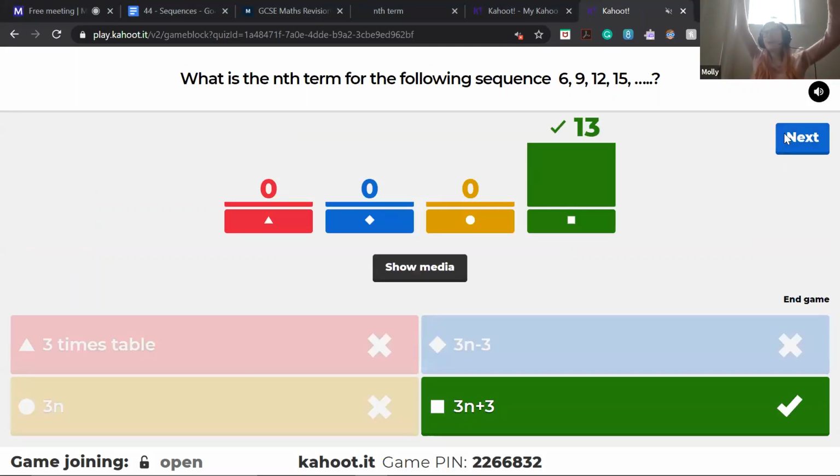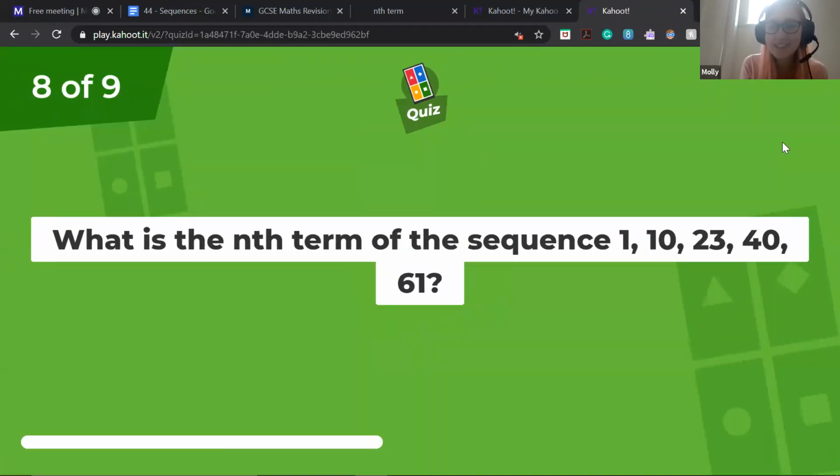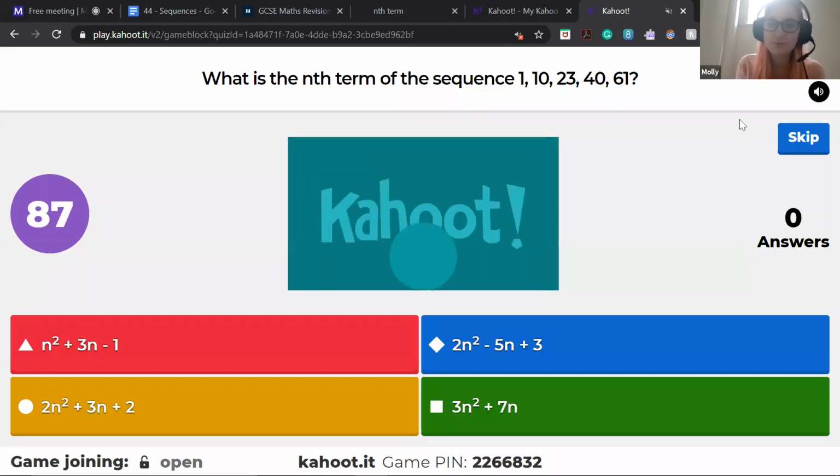Yes, look at that. We got 100% on that question. I don't even know if we've ever got that before. Yes, well done. Okay, last 2, and these are going to be squared terms. So give these a go. See if you can remember how to do it.